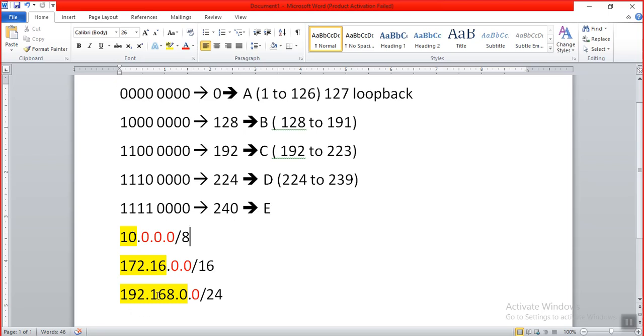And 192.168.0.0/24, 24 means these 3, this portion is network and this portion is for host. Other than this 10, 172, 192, the rest of the IPs are all known as public IP.